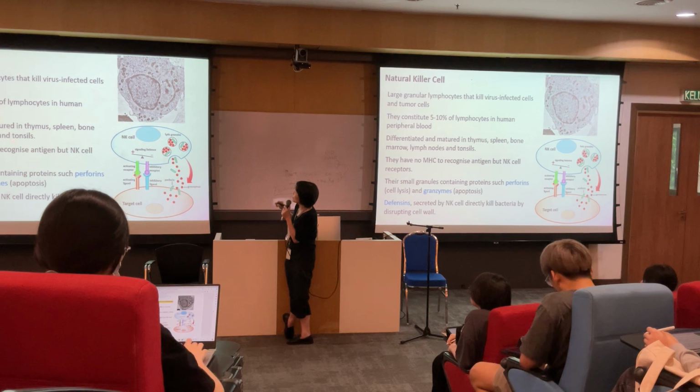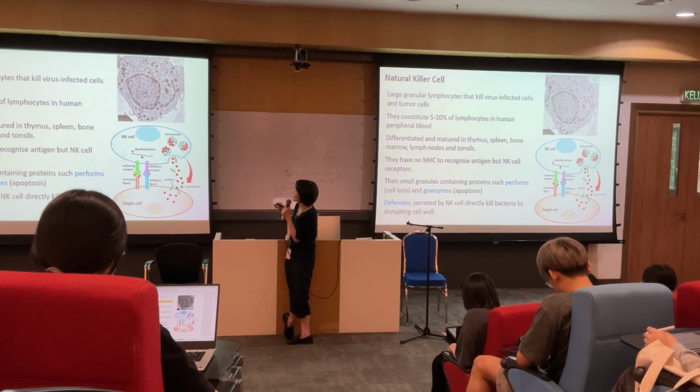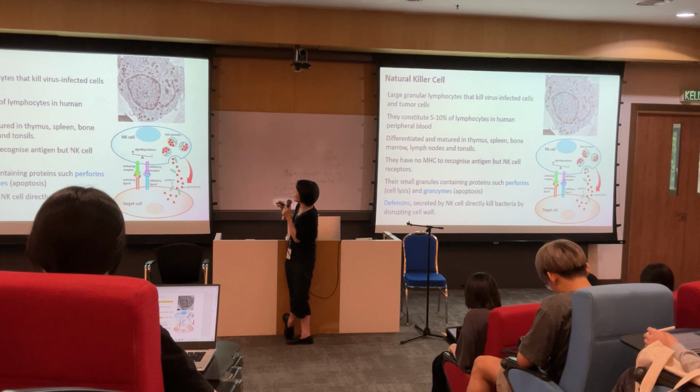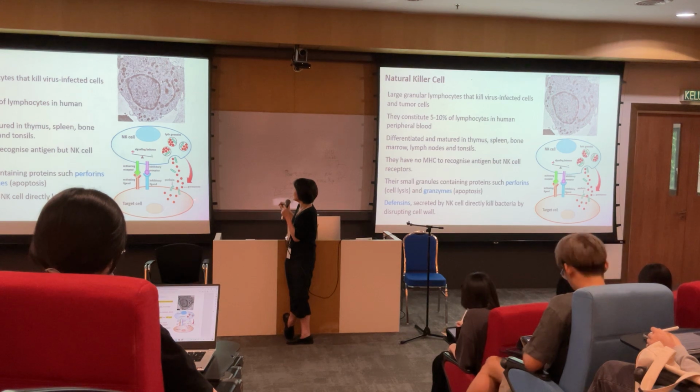And they also differentiate and mature, and they have no MHC. So they are not like macrophages and dendritic cells. This is what they want to say. But they do have the natural killer cell receptor. This is important because this receptor is used to recognize the infected cell.